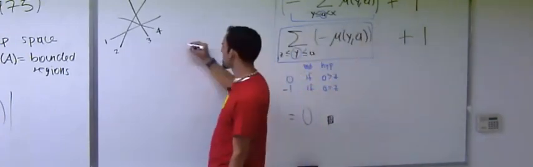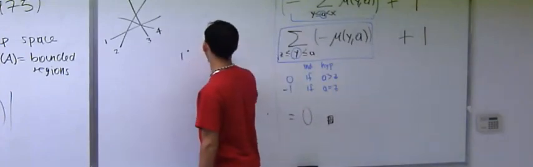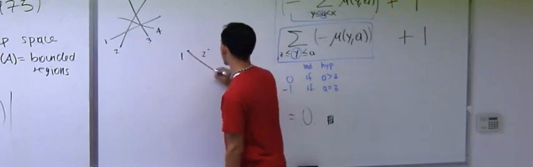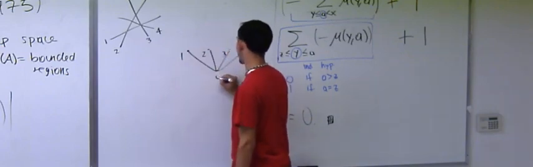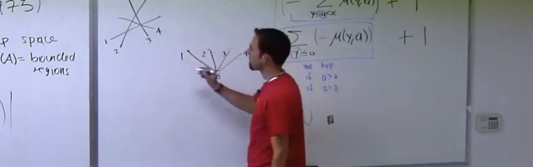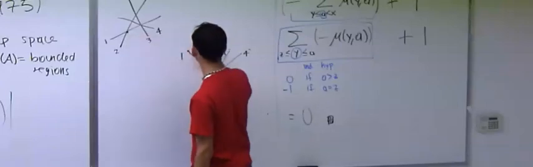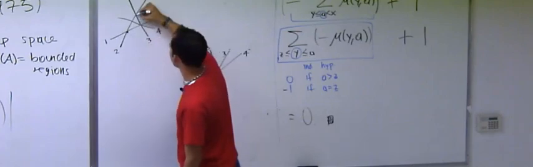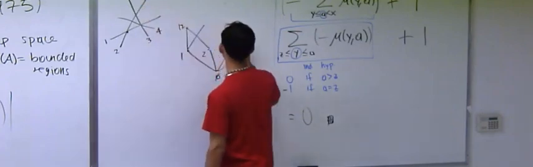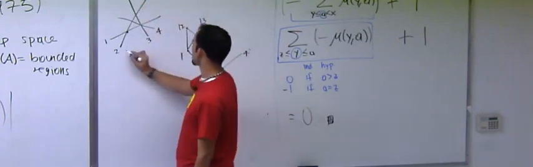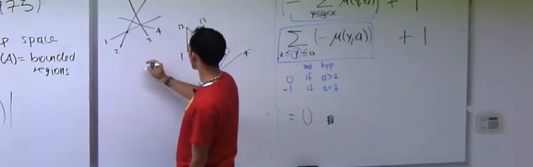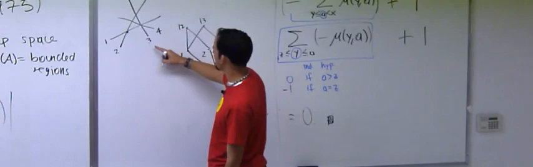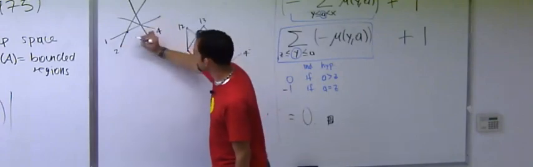Let's figure out what the intersection poset is. So 1, 2, 3, 4, then empty. Then here's point 1, 2. Here's 1, 3. Here's 1, 4. What happened? So I should label it.